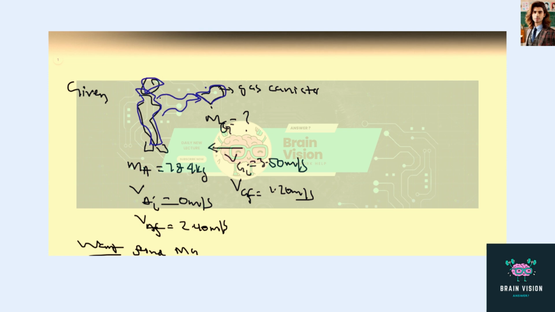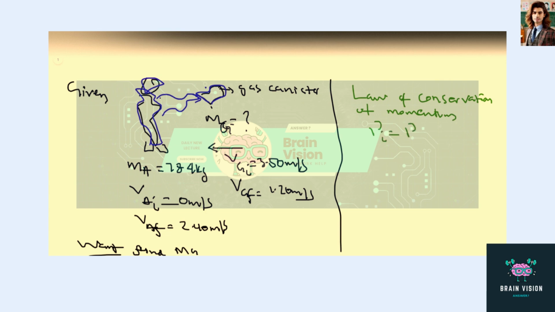The law of conservation of momentum says that the initial momentum of the system is equal to the final momentum. The initial momentum of the system is the mass of the astronaut times the initial velocity of the astronaut, plus the mass of the canister times the initial velocity of the canister.